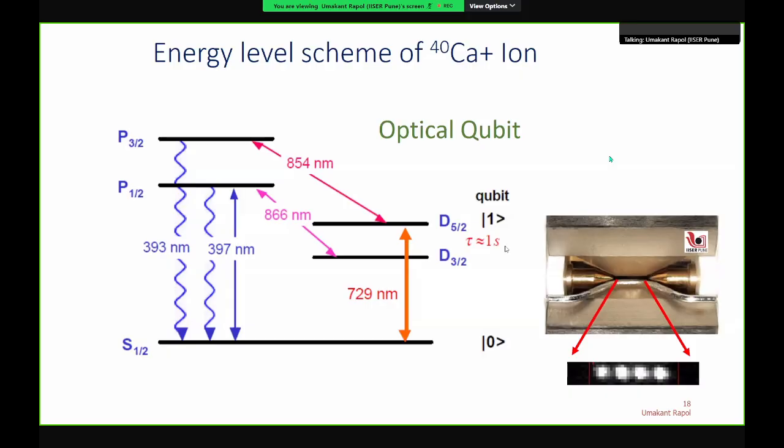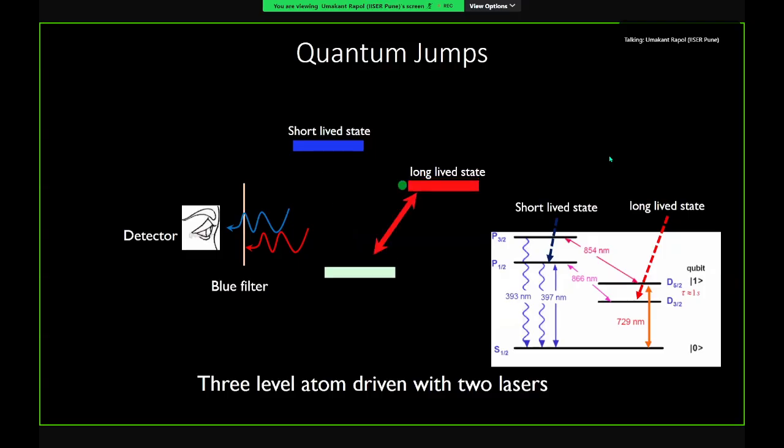And the way the state of this qubit is read, which I showed that time, bright and dark, is by a technique called electron shelving. So this is a picture that shows this. You have a short-lived excited state and a long-lived excited state, which is our qubit transition. Whenever you have the electron excited to the long-lived state, you don't see any light emitted from the blue transition, because you only look at the blue light.